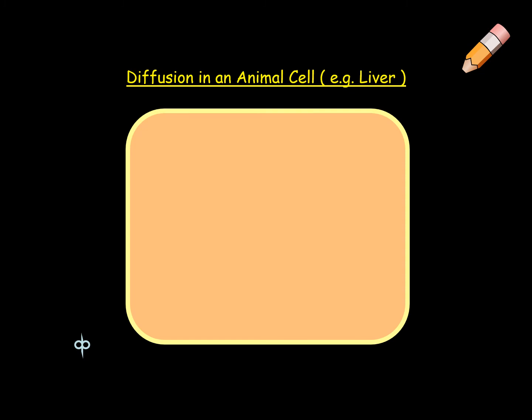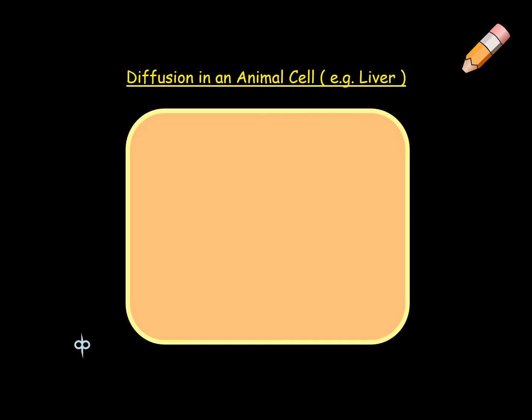Now we know that oxygen can come through the cell membrane rapidly because it's a gas, and glucose will take a little bit more time because it needs to go through the protein channels. It can't just go through the little spaces, because your cell membrane is selectively permeable and it's made up of your protein channels, and it's also made up of your phospholipids.